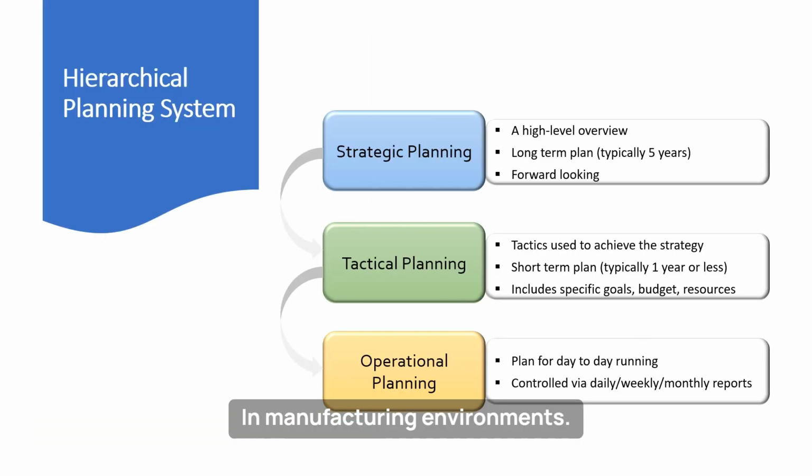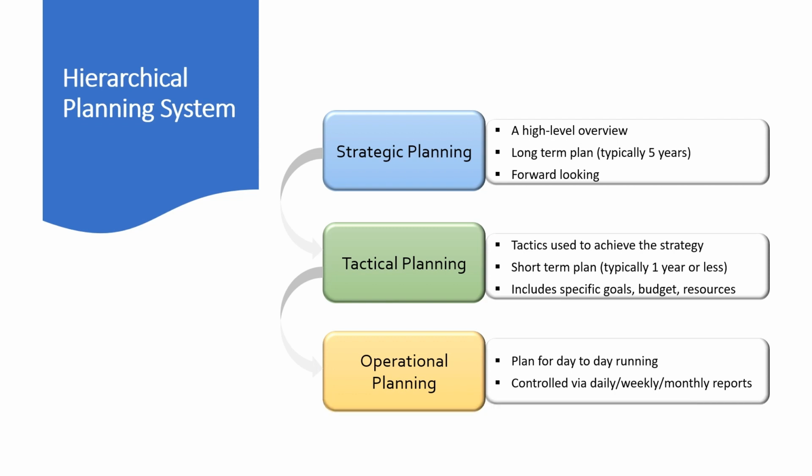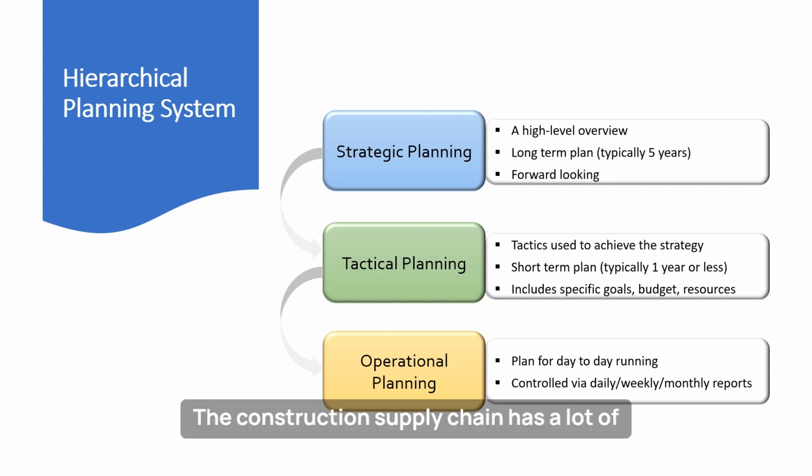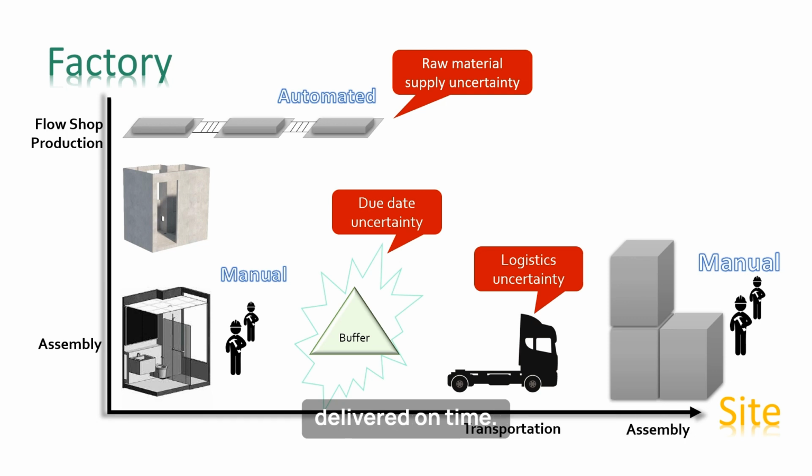In manufacturing environments, there are hierarchical levels of planning and analysis. The construction supply chain has a lot of uncertainties to deal with, like getting the right raw materials, meeting deadlines, and getting things delivered on time.